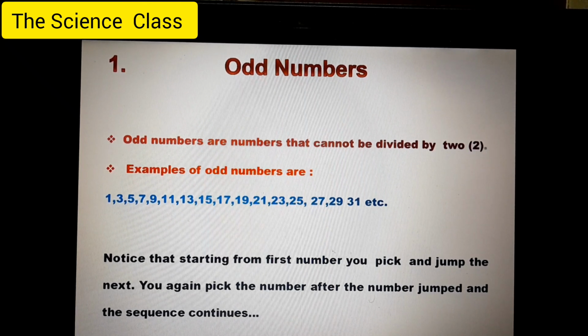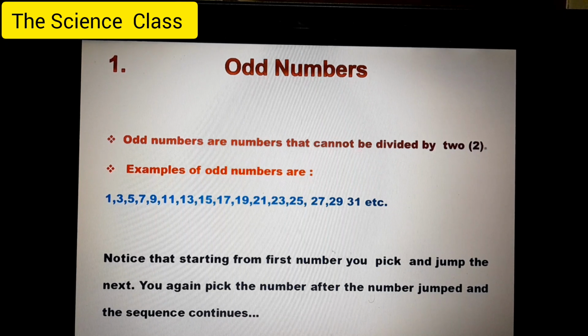Notice that the sequence continues like that.